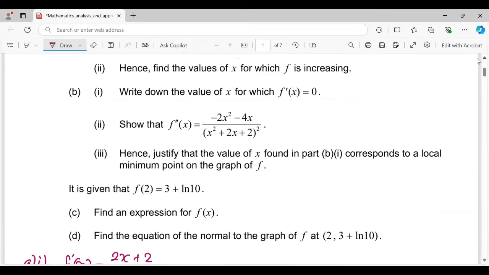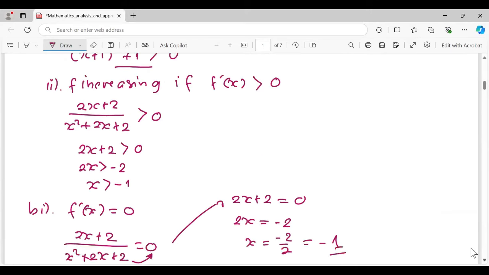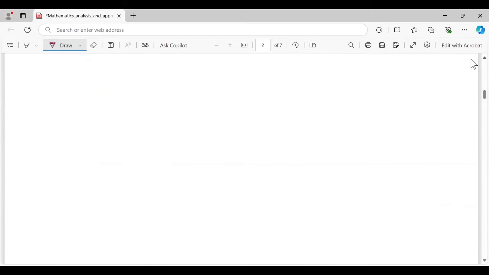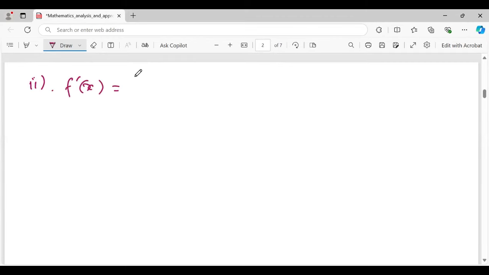Part 2. Show that the second derivative equals this expression, the rational function. The first derivative is (2x + 2) over (x squared + 2x + 2).